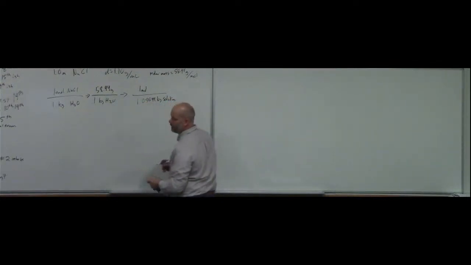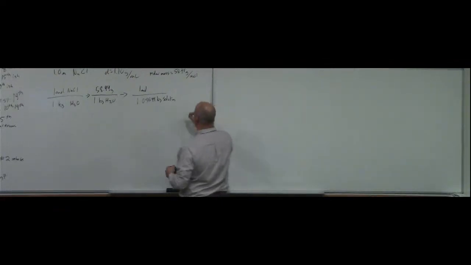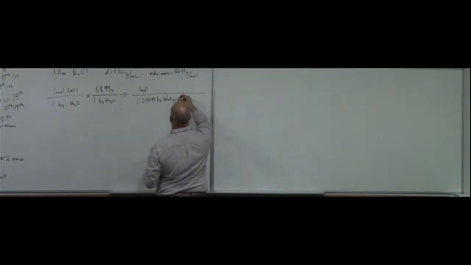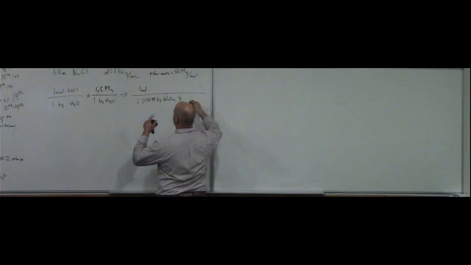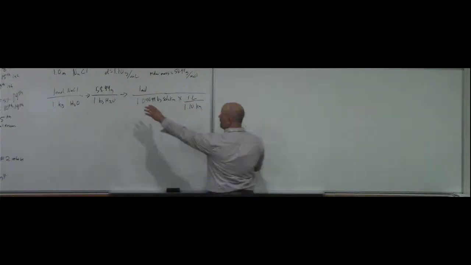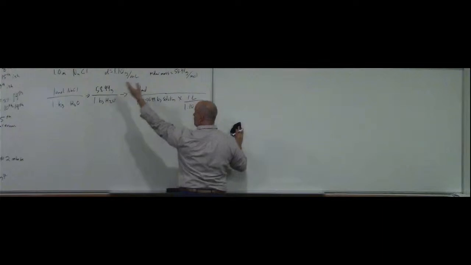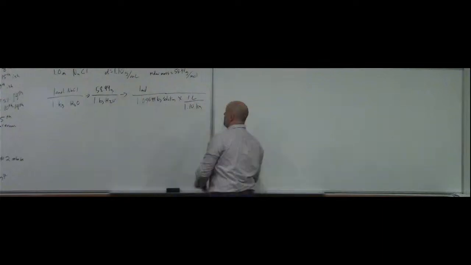Now we can multiply by the density. That's going to give me 1 liter over 1.10 kilograms. These are both 10 to the negative third, so if I just multiply them both by 10 to the third, it comes out in the right ratio, right?